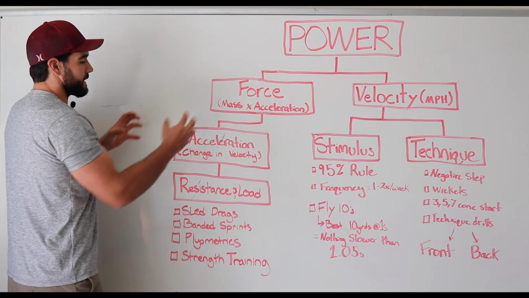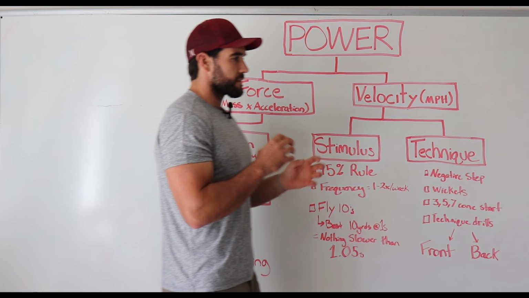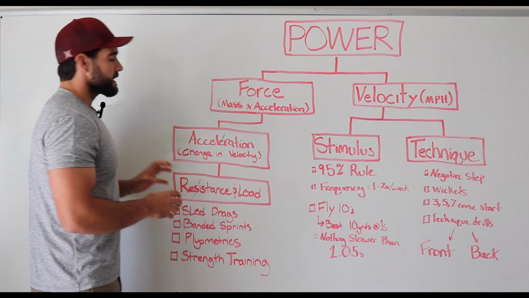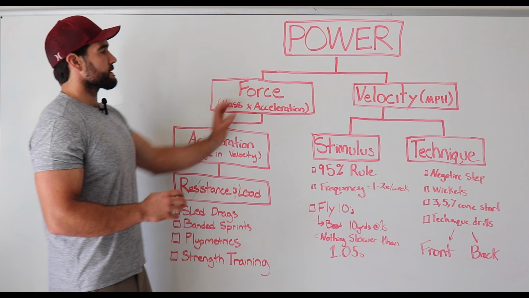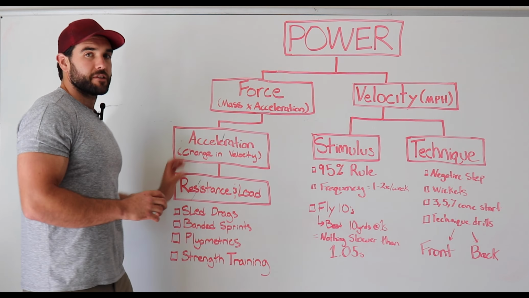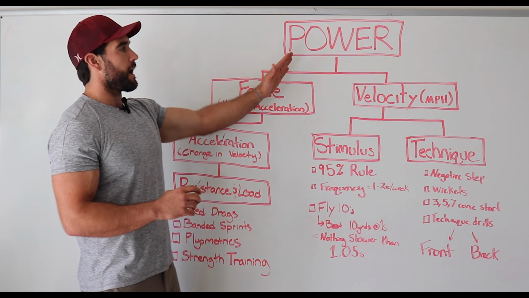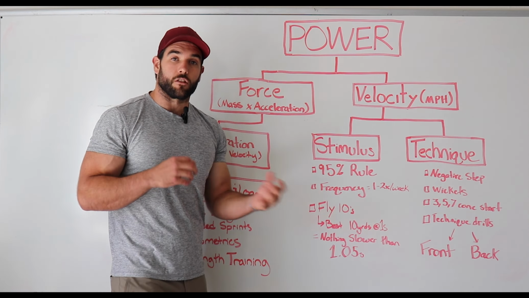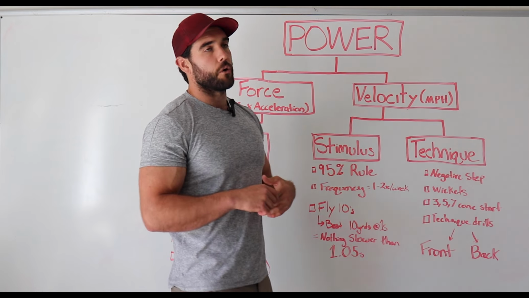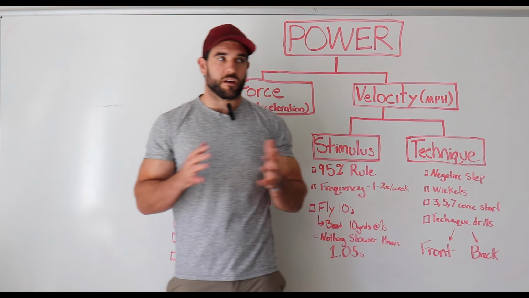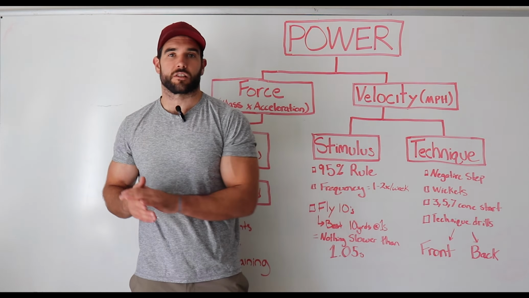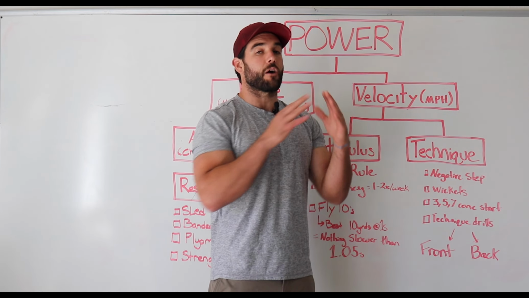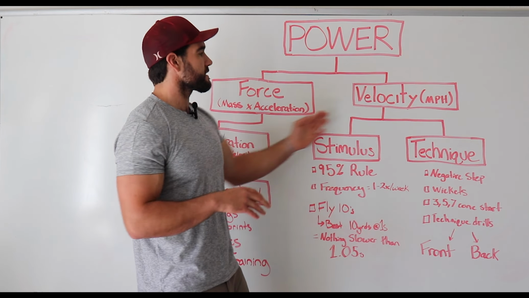Now, when it comes to the acceleration component, we can really start to develop a tremendous amount of the force application that we need in order to get power through the various resistances and loads that we're going to be using. So when it comes to load, we have to pick the appropriate load that gives us the most amount of power, because again, it's force times velocity.